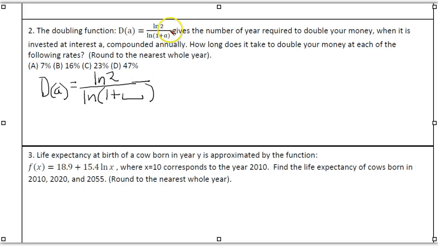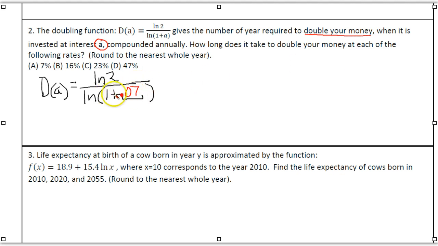In example 2, we're going to use this function, and it's the number of years required to double your money invested at interest rate A. So A is the interest rate. So here, to start us off, we're going to plug in 7%, which will be 0.07, and then we add the 1 to that.